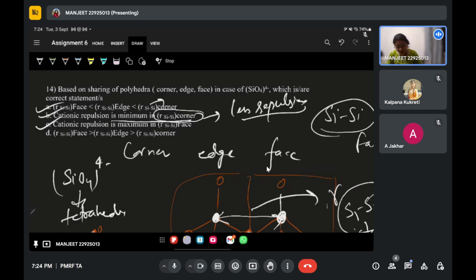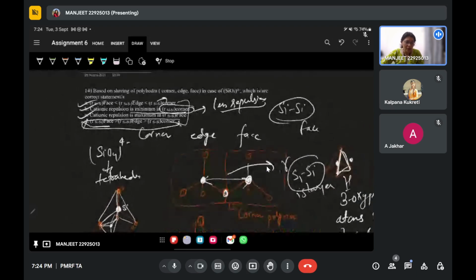In the D part, it is said that the distance is larger. This is the opposite of the A part, the order is in the reverse direction, not the same one. So D is not the correct answer. A, B, and C are the only right answers.